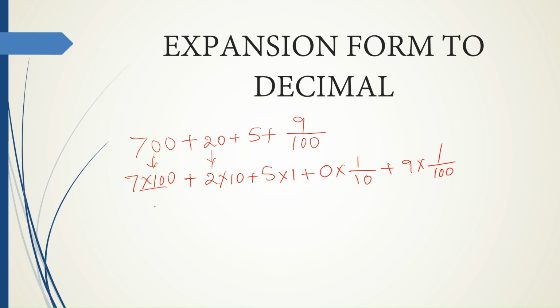In hundreds place 7, tens place 2, ones place we have 5, after ones place the dot, tenths place we have 0, and in hundredths place we have 9. So this value is equal to 725.09.